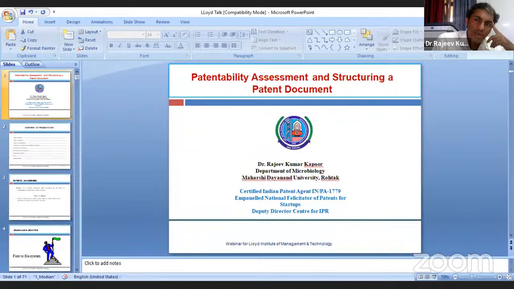So, like I'm a microbiologist, and we do keep working with microorganisms, and there are many microorganisms which produce metabolites which are of medicinal importance, which are of industrial importance. So, how to hold a patent where you are using a microorganism? Because microorganism is a naturally occurring organism, and naturally occurring organisms are not patentable.